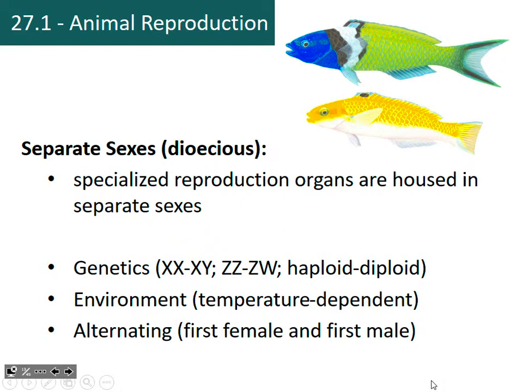And then some individuals change throughout their lifetime. Depending on the species you're looking at, some species might start off life as a female and switch to a male. Other individuals might start off as a male and switch to a female, depending on cues in the environment. Some individuals might never switch, and other individuals might switch. So it totally depends. There's a lot of species-specific examples of alternating. There is a physiological change, and the example that I have up here is one where it does change.